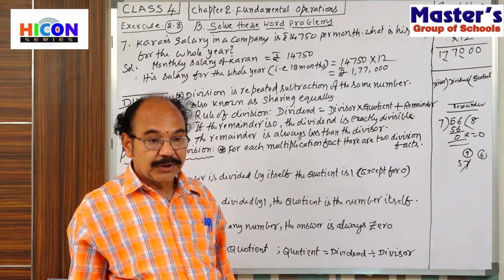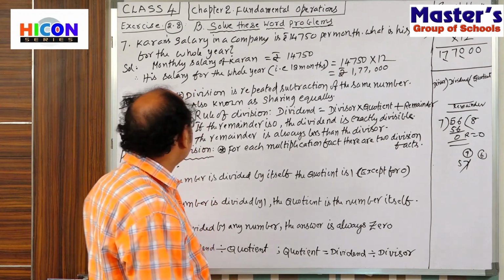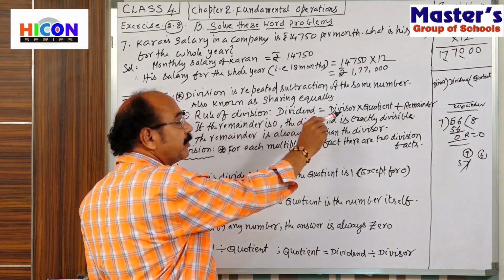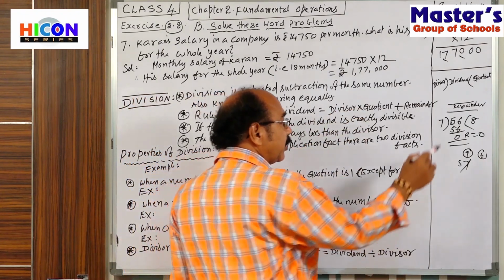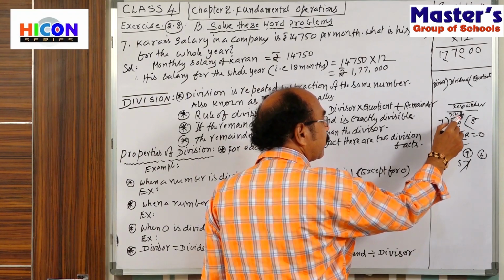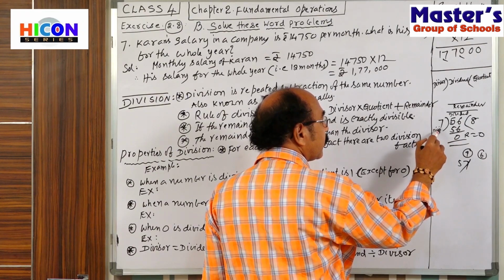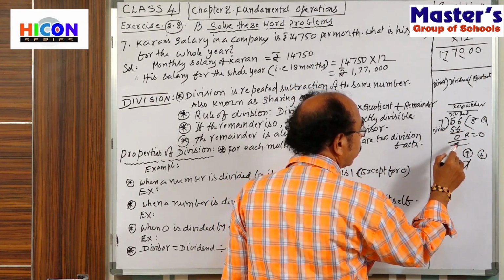Okay, children. If you want to check your division work, this division rule we use. What is the rule of division? Dividend is equal to divisor into quotient plus remainder. This is the dividend. This is divisor. This is quotient. Down here we get a remainder.